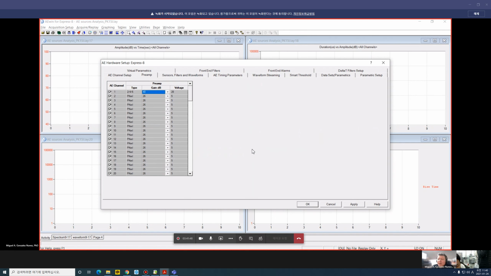In that way, the acoustic emission system subtracts the preamplification that was added at the beginning and leaves you with the original value of the signal, the original amplification.